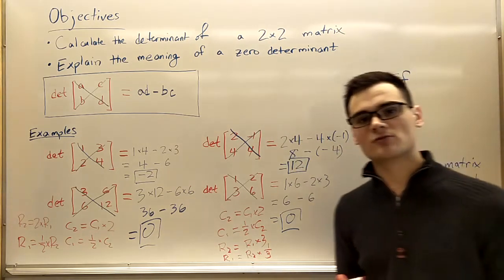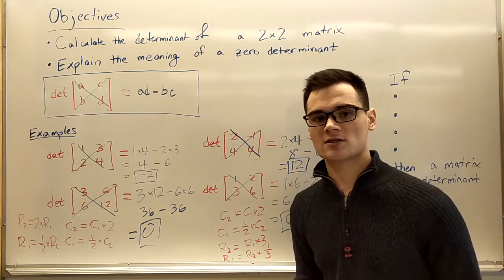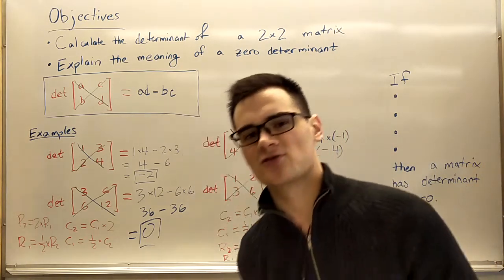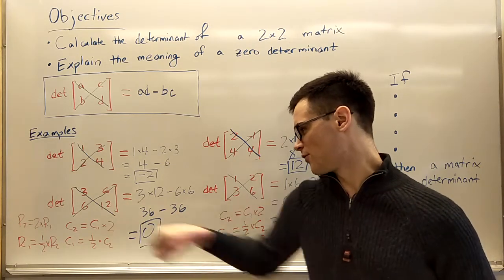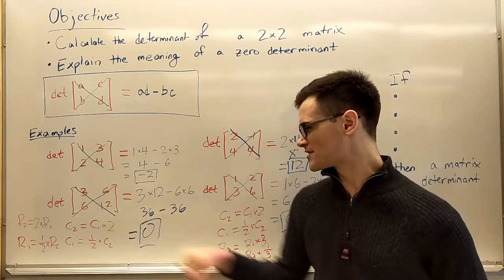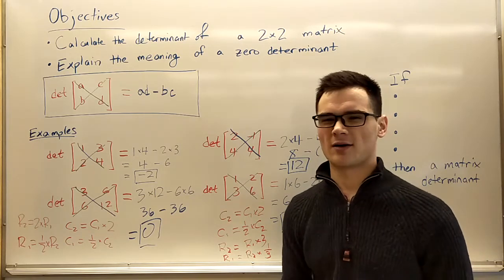Okay, so what's the general rule for when a 2 by 2 matrix has a 0 determinant? Well, it's if any of these 4 things happen, and actually if one of these things happens, they all will happen.